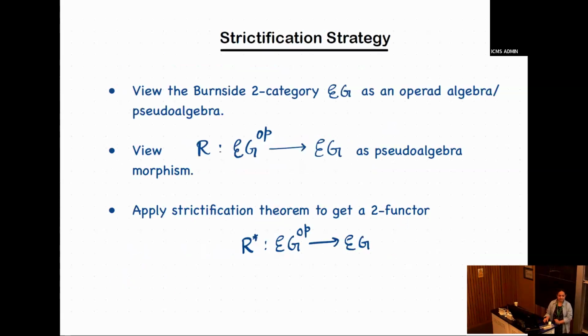So our strictification strategy will be to view the Burnside two-category EG as an operad algebra or a pseudo algebra, and R as an operad pseudomorphism, and we will apply the strictification theorem to get a two-functor.